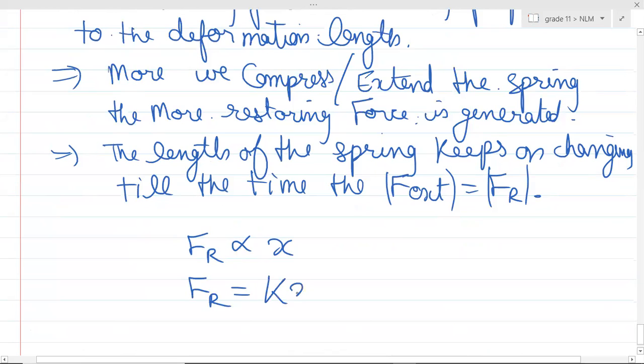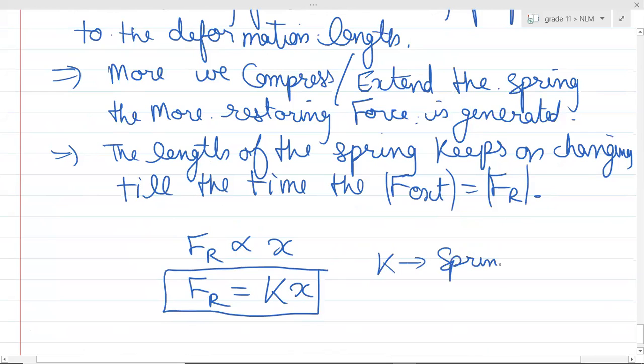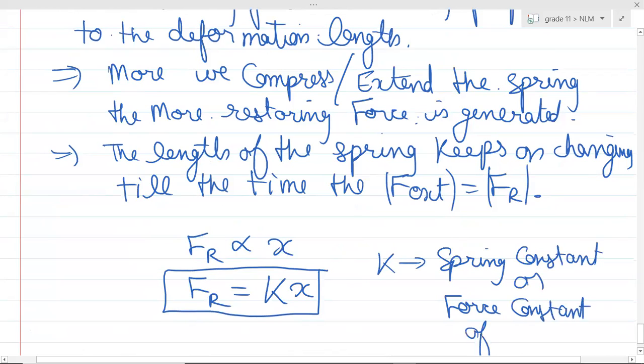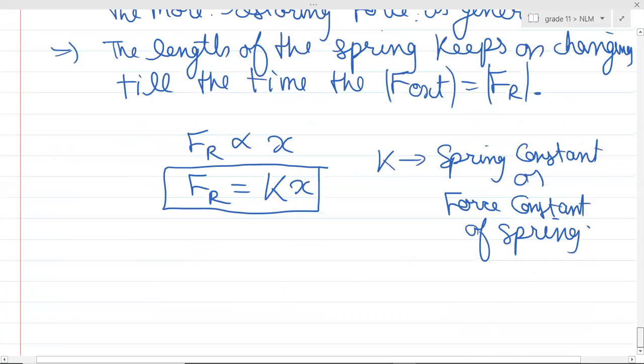That constant is k, and this k is called the spring constant or the force constant of the spring.